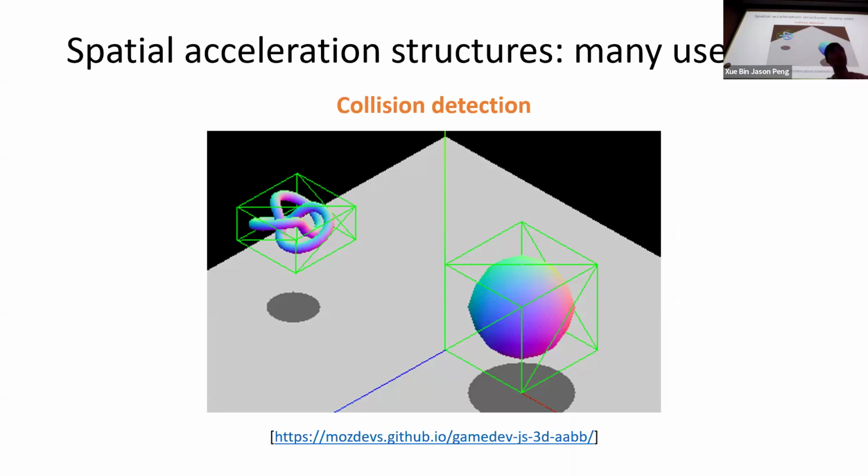One of the common operations that you have to perform in a physics simulator is to detect collisions between multiple objects. So if I want to simulate how objects interact with each other, one of the things we have to simulate is what happens when two objects collide with each other. And to do this, we have to detect if two objects are colliding or not. And spatial acceleration data structures can be a way to detect if there are any collisions, any intersections between objects in the scene.